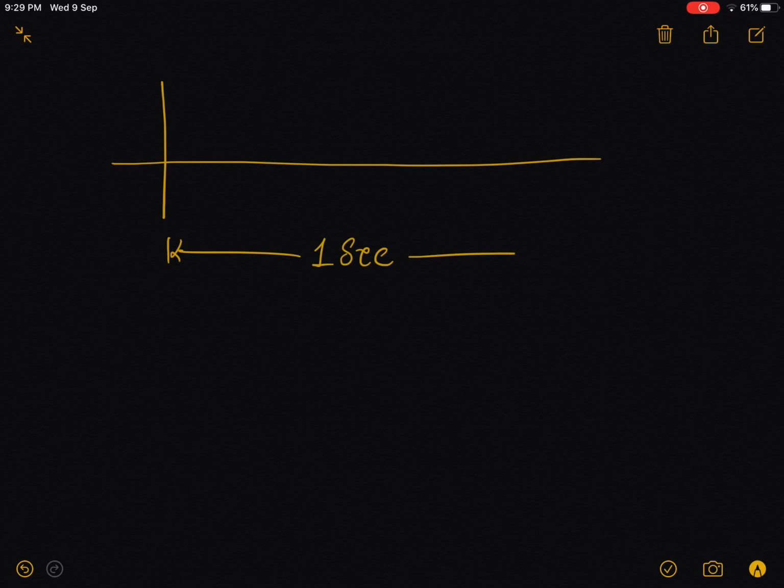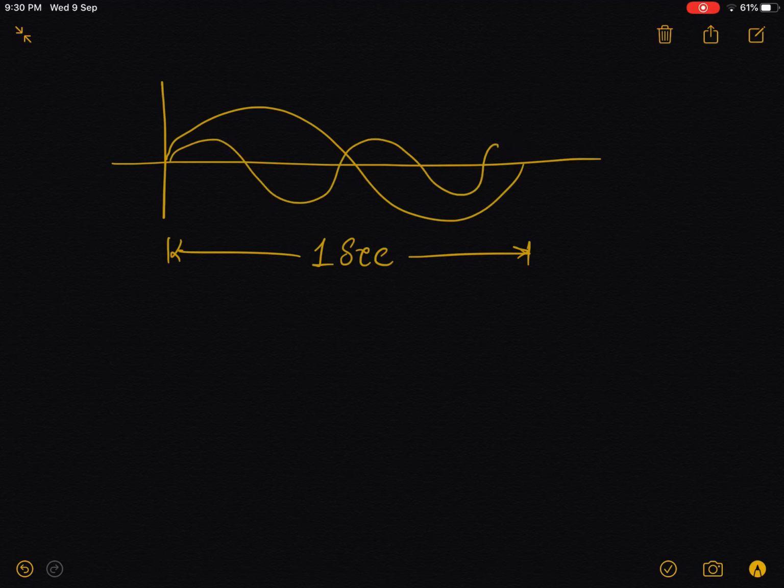The frequency and time period are very much related. Frequency only talks about 1 second. In 1 second, how many times the cycle is covered, that is your frequency. Maybe only one cycle is completed, maybe 2 cycles are completed, whatever.